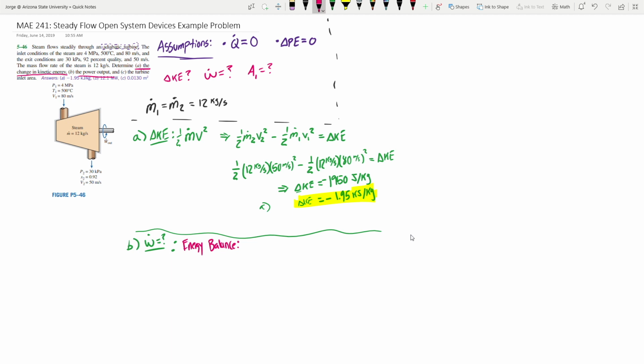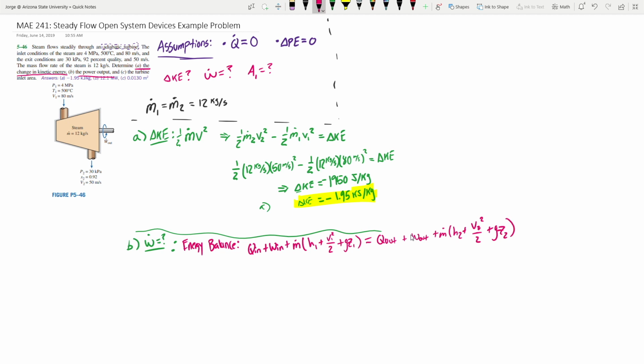The general form of the energy balance is Q in plus W in plus m dot times H1 plus V1 squared over 2 plus g z1 equals Q out plus W out plus m dot times H2 plus V2 squared over 2 plus g z2.